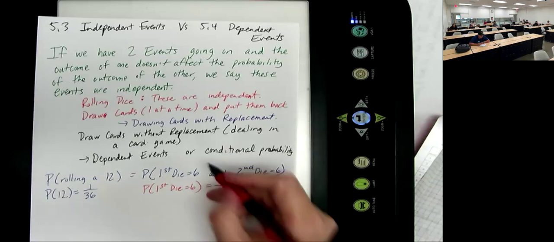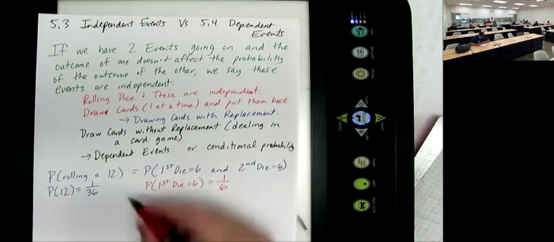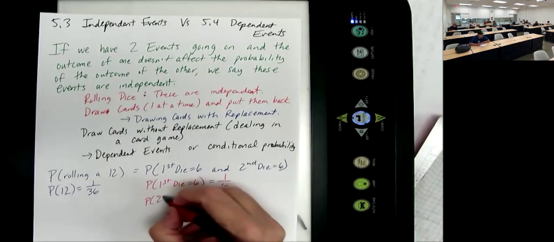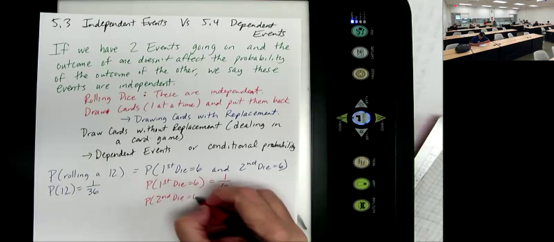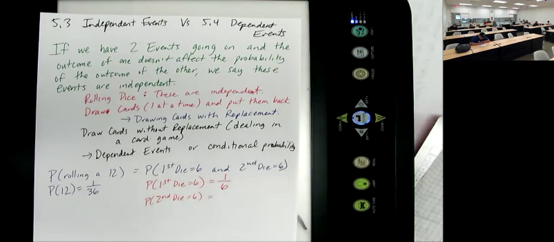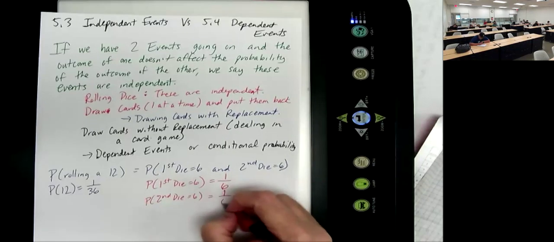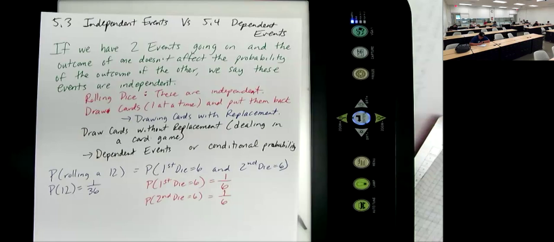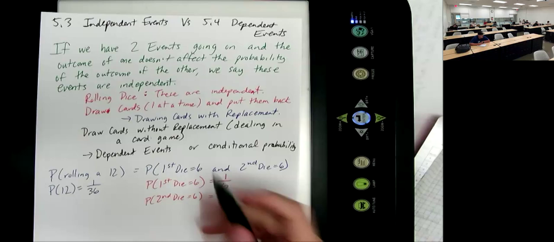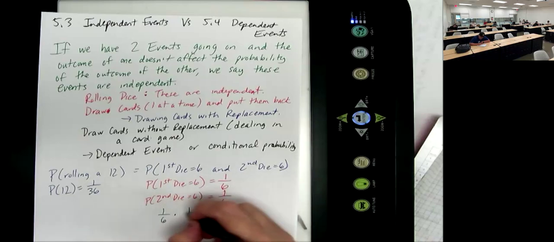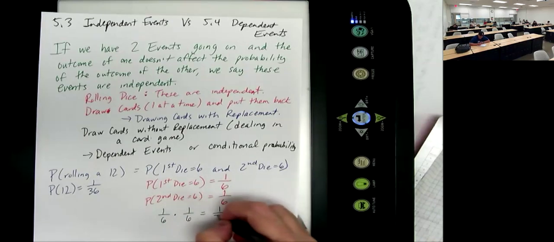Just 1. What about the probability that the second die is a 6? Is it any different? Guess what? 1/6 times 1/6 equals 1/36.